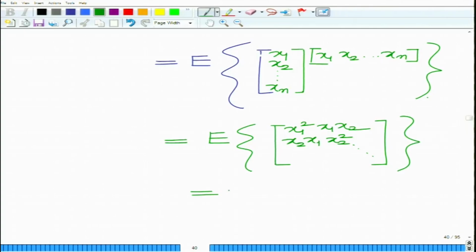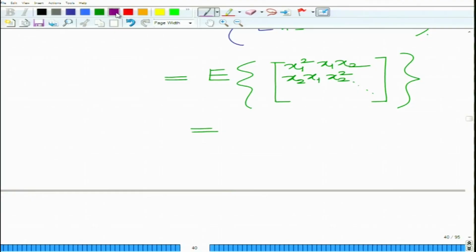And now, if you look at this matrix, the expected value of each element on the diagonal, expected value of x1 square, x2 square, x3 square, and so on, is sigma square, but the expected values of the off-diagonal entries x1 x2, x2 x1, and so on are 0, because we have considered the random variables to be uncorrelated. Therefore, the covariance matrix reduces to sigma square.